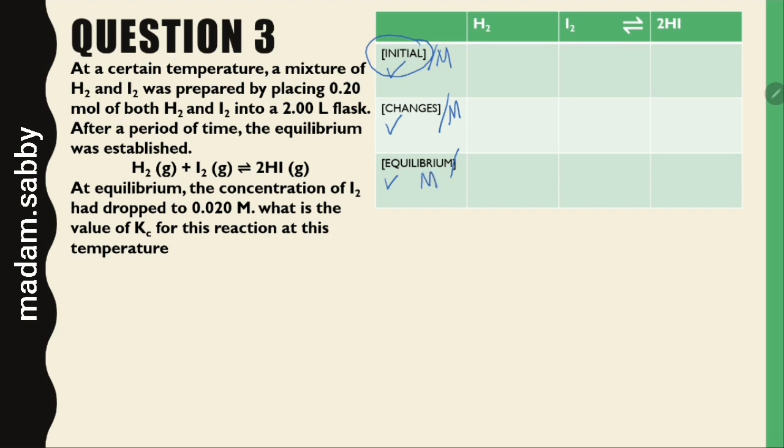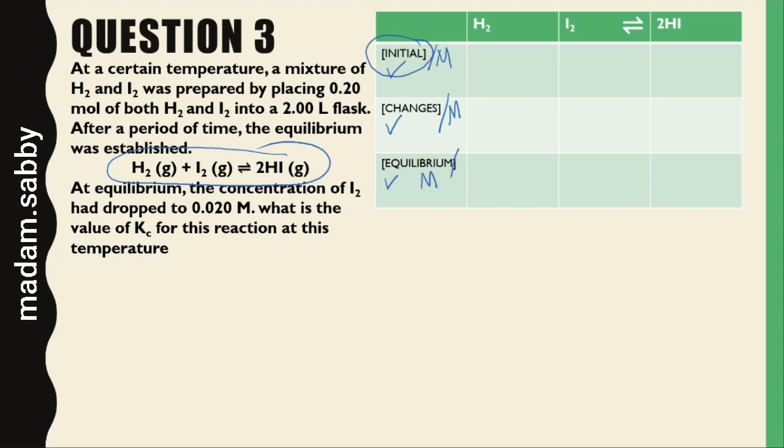So you are given a reaction between hydrogen and iodine to form hydrogen iodide. First things first, always check whether your chemical equation is balanced or not. If it's not balanced, you have to balance it first before you begin filling up the ICE table, because if you still have an unbalanced chemical equation, whatever answers you get throughout the calculation later on will be entirely wrong.